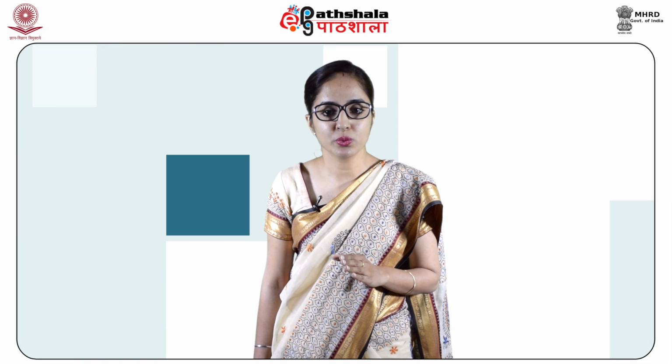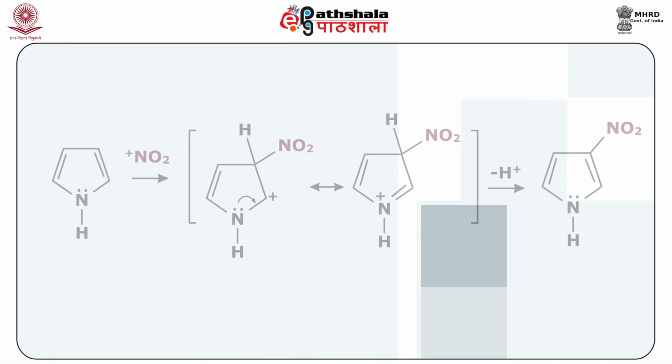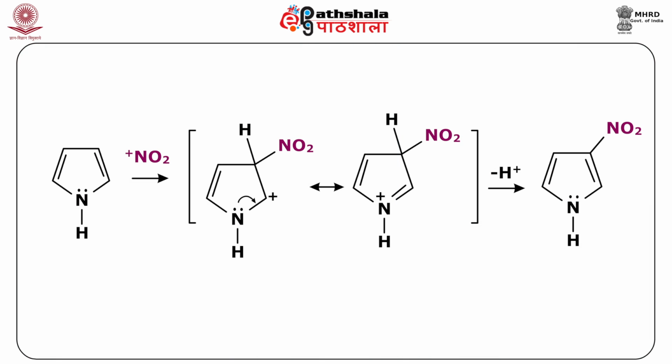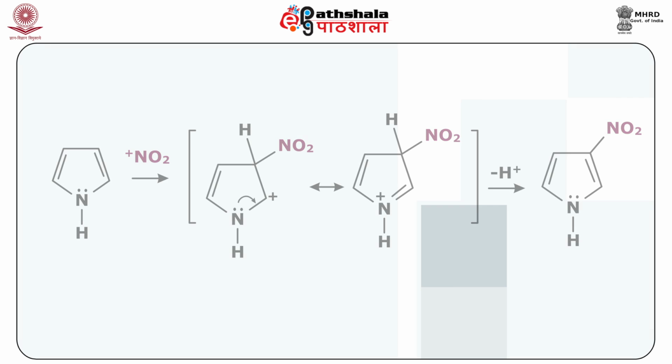Substitution at C2 is favored over C3. For example, pyrrole undergoes nitration at the C2 position. Now you can see here how the C2 position is favored over the C3 position. Now students, it can be clearly seen from the above resonating structures for nitration at C2 and C3 respectively that substitution at C2 has more resonating structures and thus is the favored position in case of furan, thiophene and pyrrole.